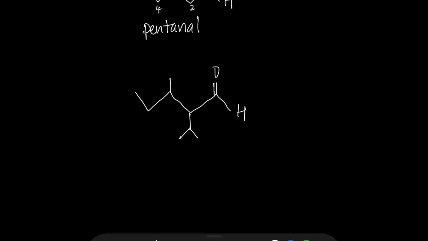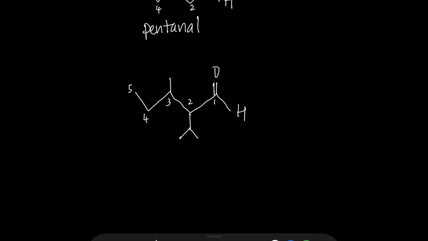So this is another aldehyde. Again, this aldehyde also contains, let's do the numbering first, okay? So 1, 2, 3, 4, 5. So it contains 5 carbons in the longest chain. It is again another pentanal.